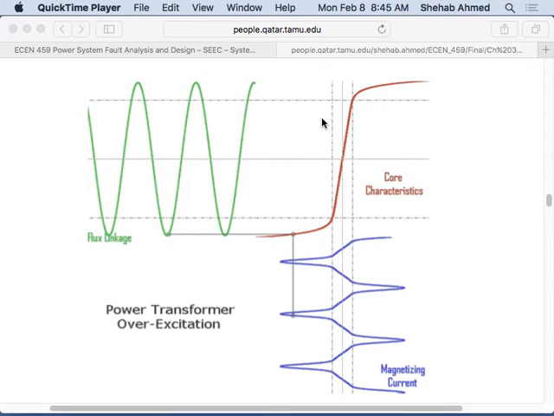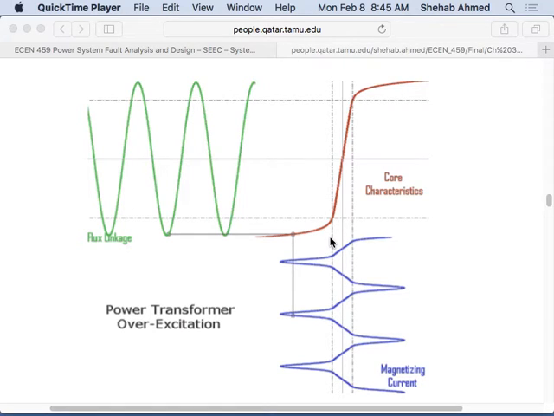It means that if I have a certain flux linkage, let's say this green sine wave is smaller than these two lines, then if I take any point on this green wave and multiply by this linear relationship between mu and H, I will get also a sinusoidal waveform, right? B equals mu H.